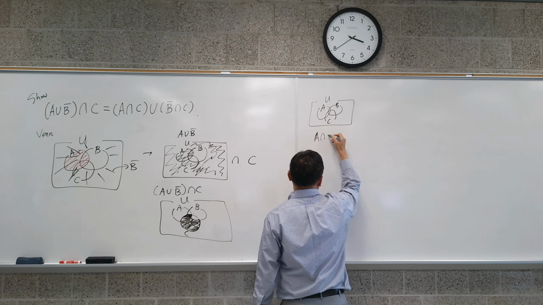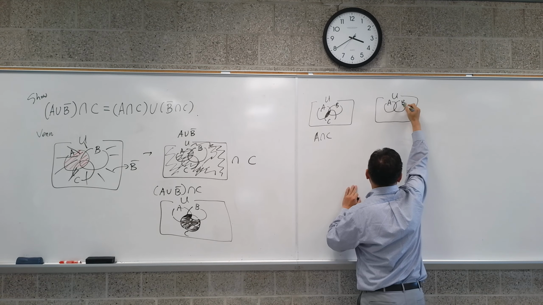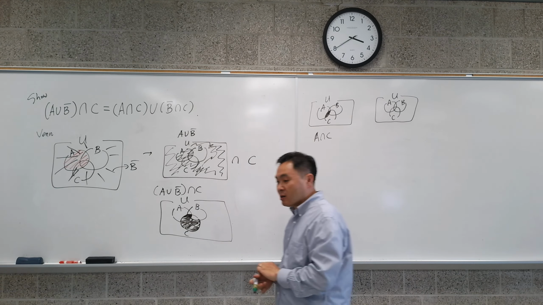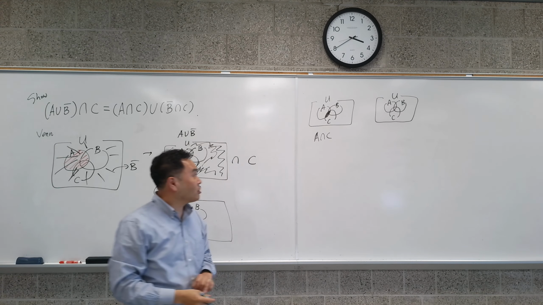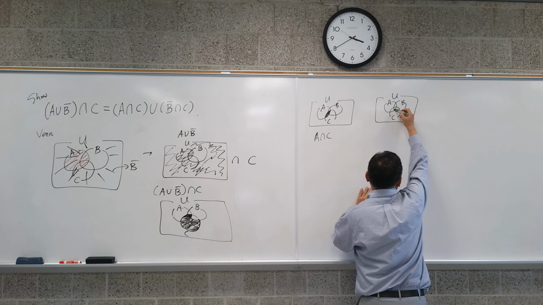And then what about B bar intersection C? So here's A, here's B, here's C. What's B bar intersect C? Well, B bar is everything outside of B, and inside C, look for the ones that are outside of B. So you end up with this much.